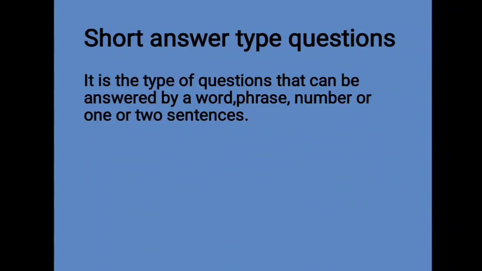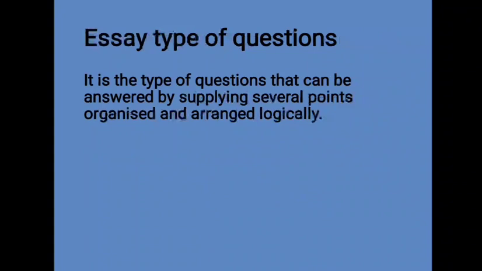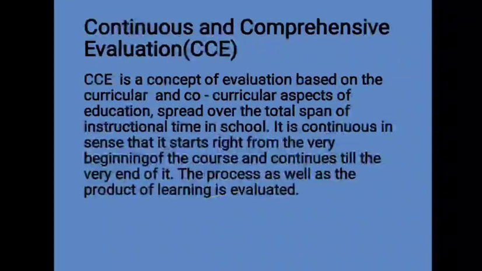It is a type of questions that can be answered by a word, phrase, number, or one or two sentences. Essay type of questions. It is a type of questions that can be answered by supplying several points organized and arranged logically.